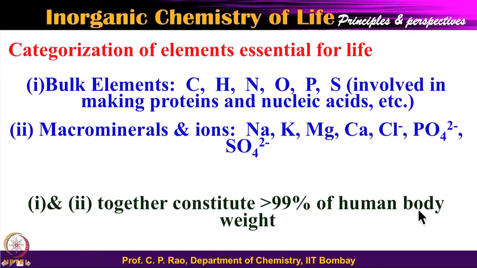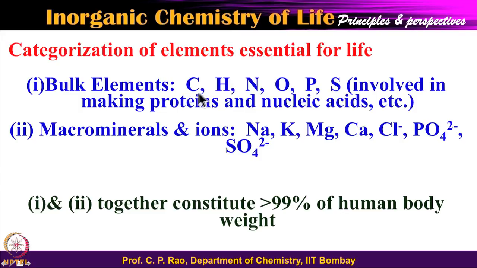Having said that, let me recapitulate what we said in the previous slide, and make you understand by putting this into categories. The elements that are required in bulk are carbon, hydrogen, nitrogen, oxygen, phosphorus, sulfur. These are all involved in making the main molecular mantle, like for example proteins, nucleic acids, polysaccharides, lipids.